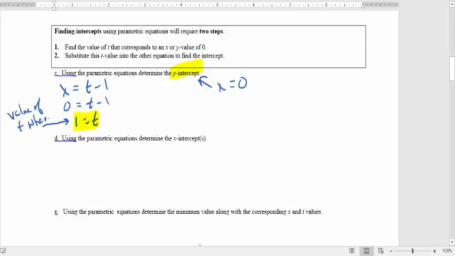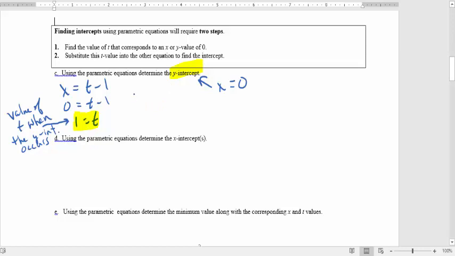I say when because t is usually a time. So what do we have to do? We have to figure out what the y value is at that t value. So that's now our step 2. We take this t value into the other equation to find the intercept.